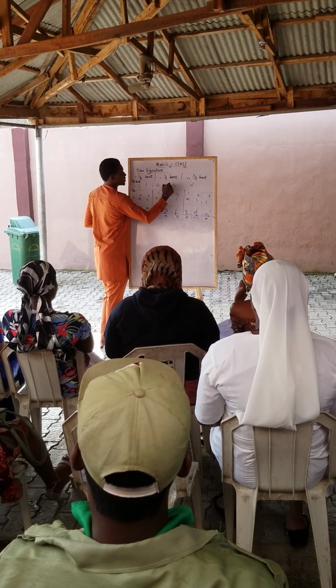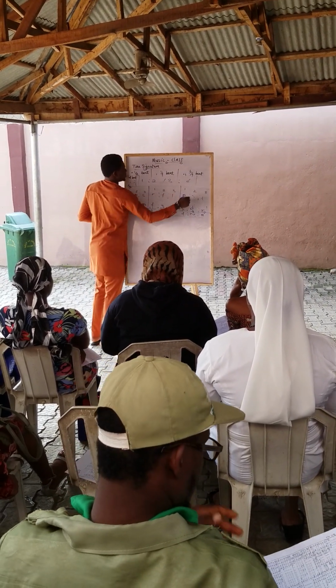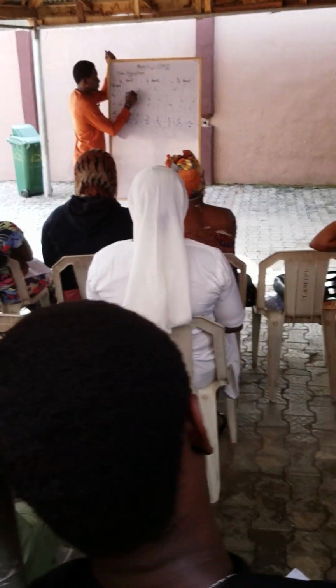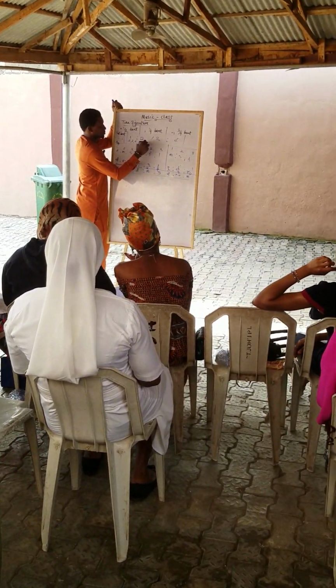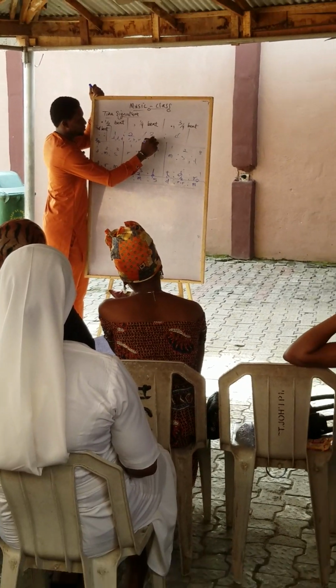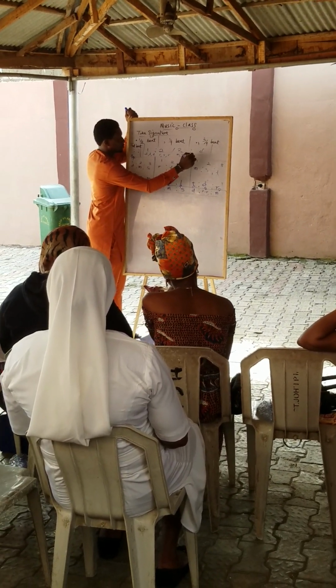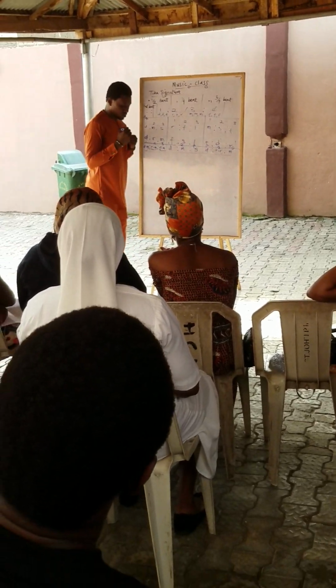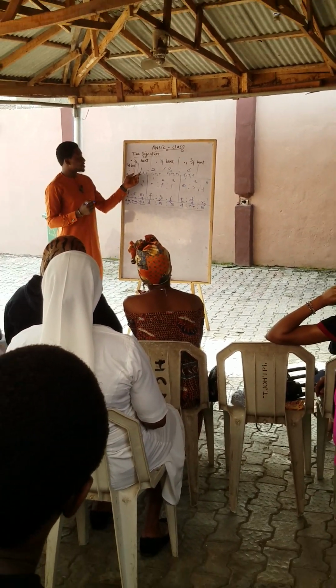Basically, 12/8. 1, 2, 3, 4. 1 has been expanded into 3. So you have 3 plus 3 plus 3 plus 3, so 3, 6, 9, 12. So you have 12/8 mostly, but this was coined out from a 4/4.